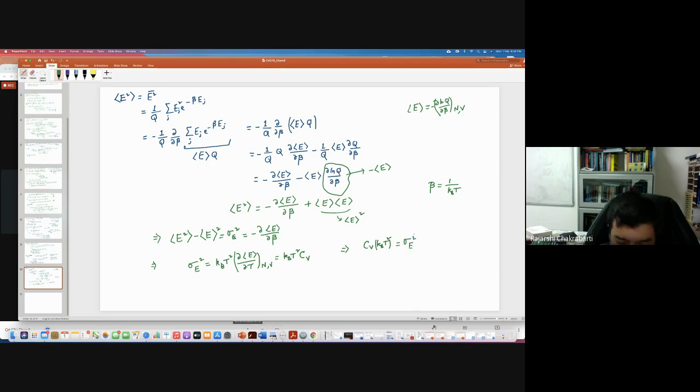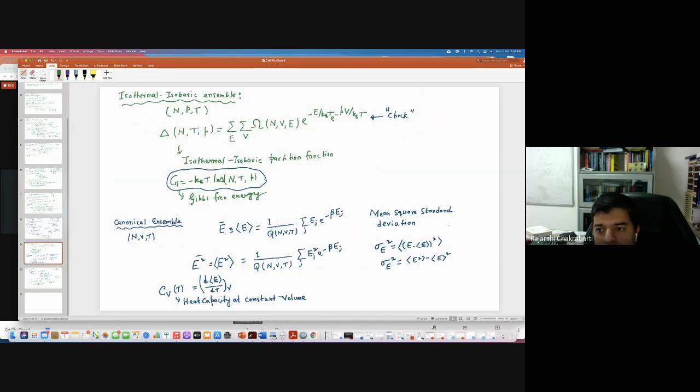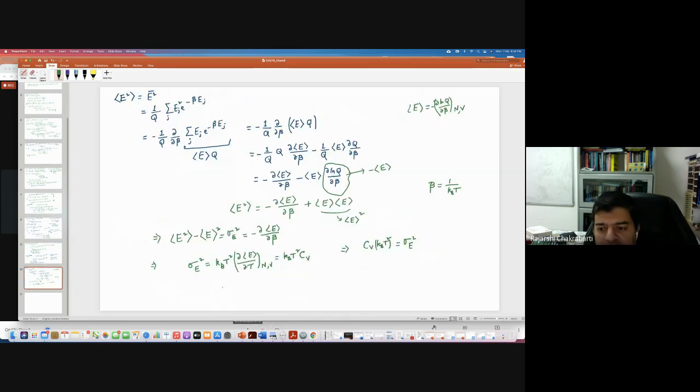So basically, your mean square standard deviation in energy is a measure of your heat capacity at constant volume.